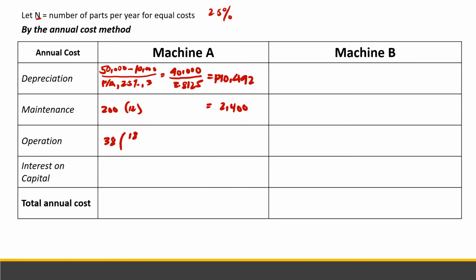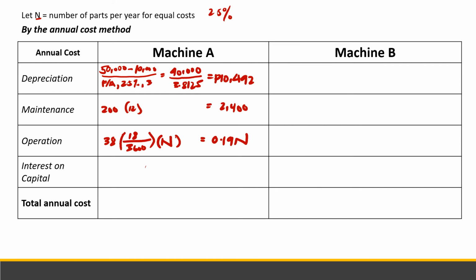So since 38 is per hour, we'll convert the 18 seconds in hours. So in 1 hour, meron tayong 3,600 seconds. So multiplied by, of course, yung number of parts natin for the 1 year. So yan yung variable natin. So this will be equals to 0.19 n.